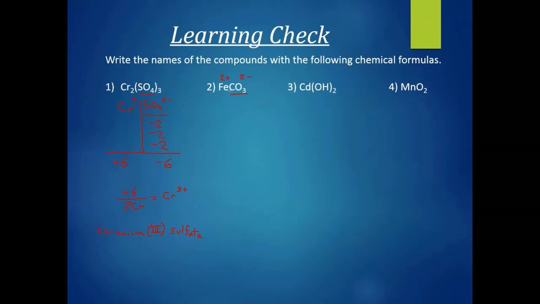But technically speaking, the proper way of doing it is to put the 2 first and then the plus sign. So iron is a 2 plus, so this would be iron Roman numeral 2 carbonate.